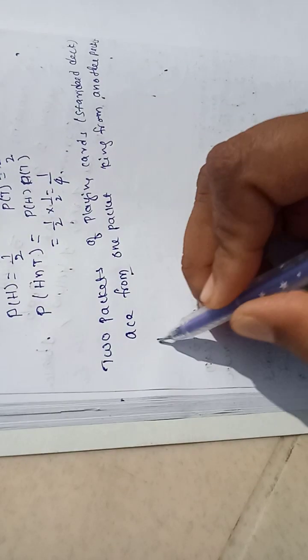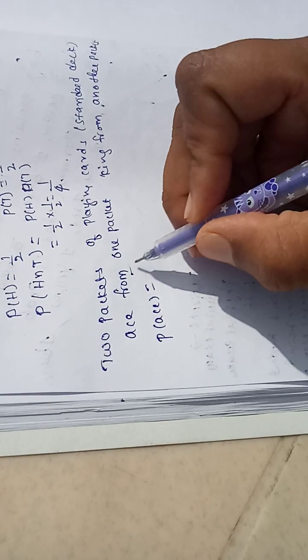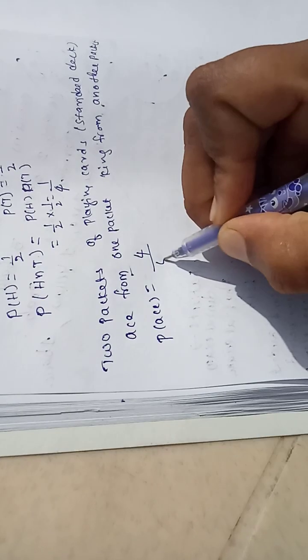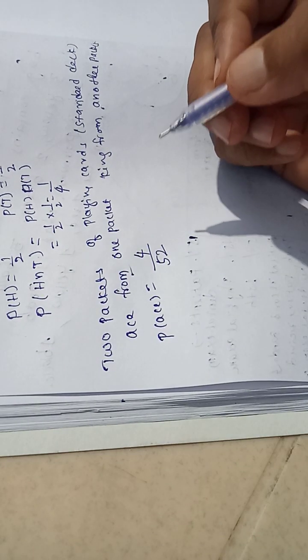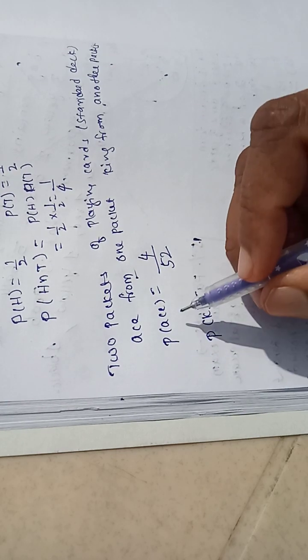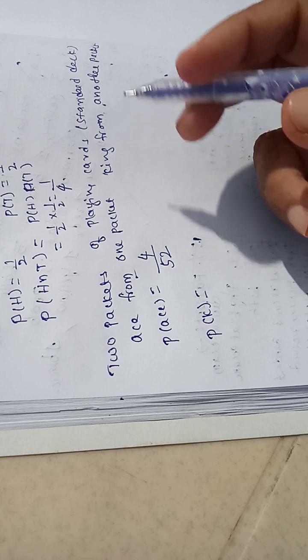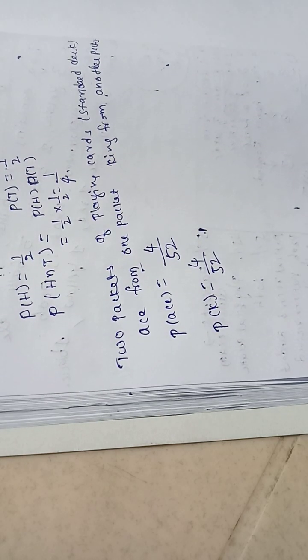So first, the probability of finding an ace. In a standard deck, how many aces will be there? 4, and the total events 52. Similarly, finding the king, how many kings will be there? In spade 1, club 1, heart 1, diamond 1, so 4 kings out of 52.